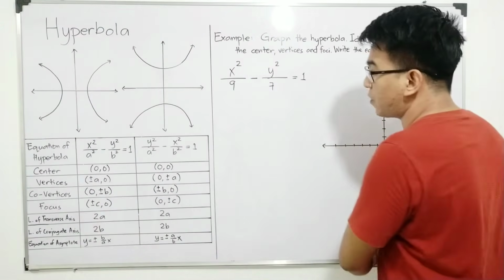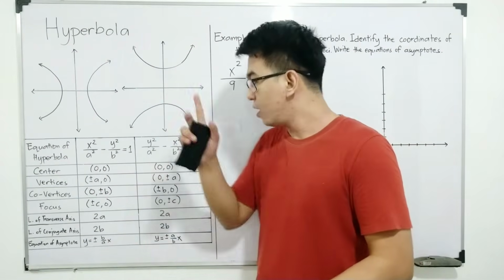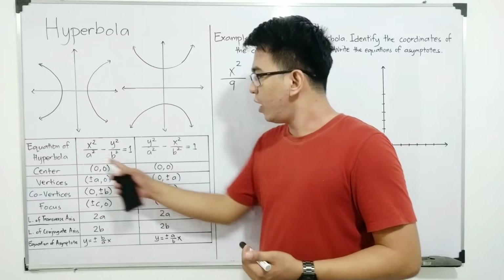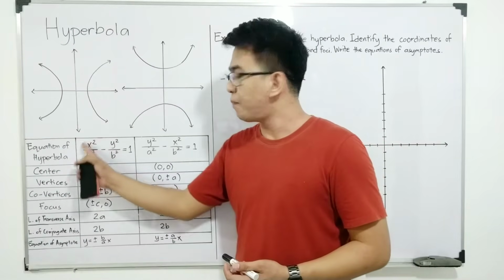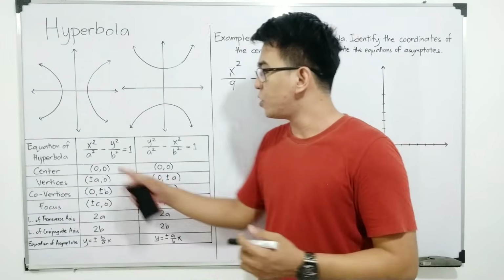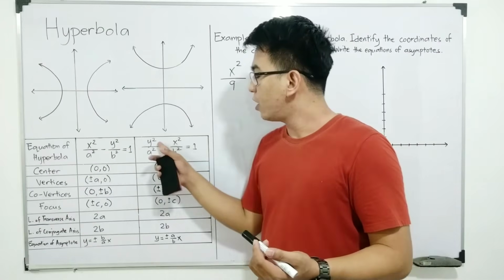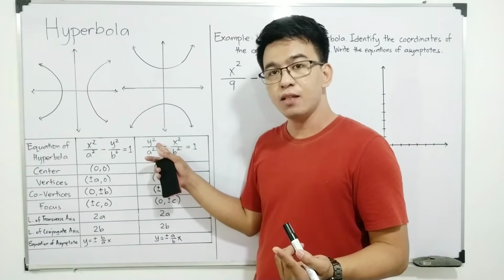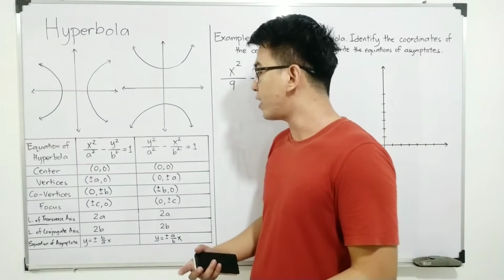Now let me discuss first the difference of these equations. Now, in the first one, as you can see, we have here the positive term, which is the x squared. Tapos, yung negative term natin ay yung merong y squared. On the other hand, yung atin namang positive term dito ay yung y squared.